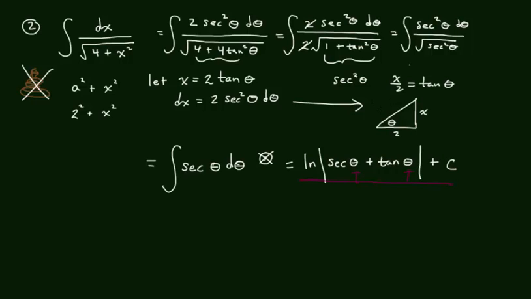So my missing side is going to be the square root of, let's see, 4 plus x squared. There it is. Alright, my answer down at the bottom. Natural log, absolute value. So the secant of theta, well, cosine is going to be 2 over radical, and so the secant is going to be the reciprocal.